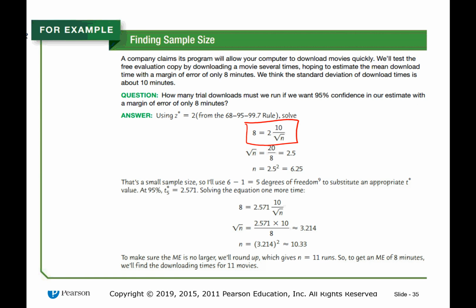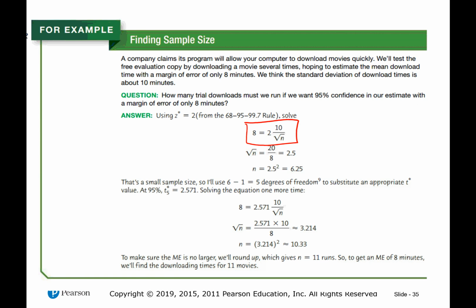So we go back and solve that equation again for margin of error. 8 is equal to 2.571 times 10 over the square root of n. Again, do the algebra there. We'll divide both sides by 25.71, take the reciprocal, and then square it. To make sure the margin of error is no larger, we'll round that up this time.